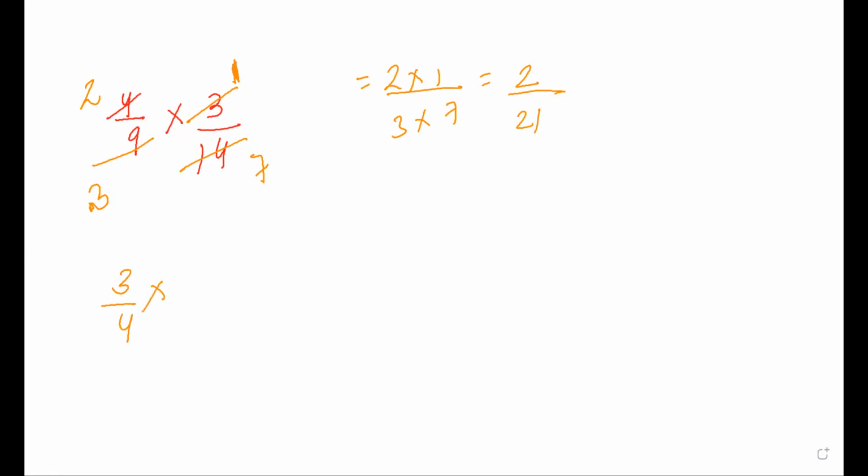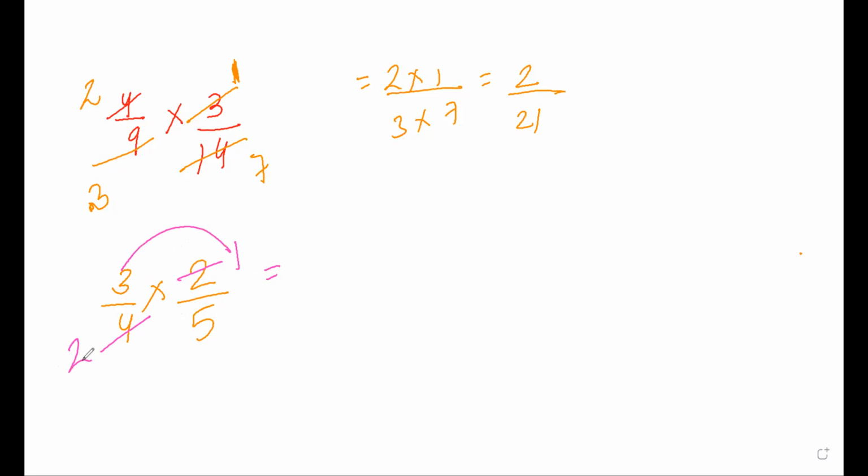3 over 4 times 2 over 5. Come on, Juri. What are the two numbers that come in the same timetable? 4 and 2. Okay, how do I do it? 2 times 1, and 2 times 2. What is your answer?